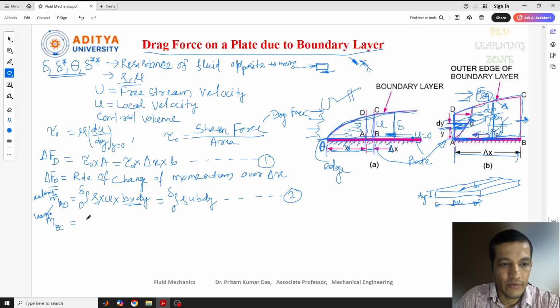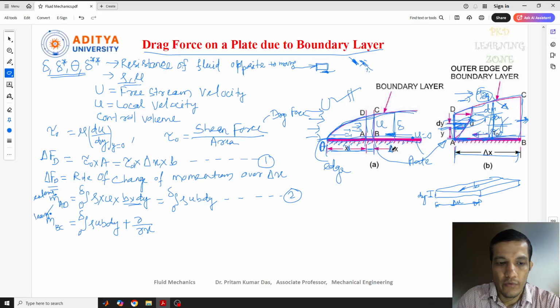So how can we write this? Let me tell you. This is 0 to delta, the mass rate of flow which has already entered through AD, that means rho u B dy, plus the small change, delta, by del x, of the mass rate of flow which has entered through AD, because we don't know how much is entered here.